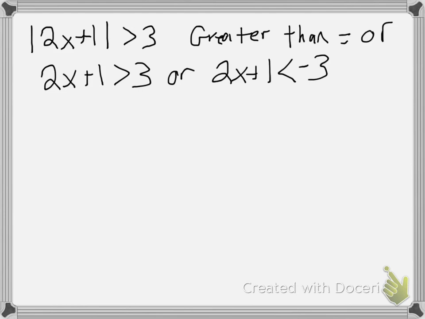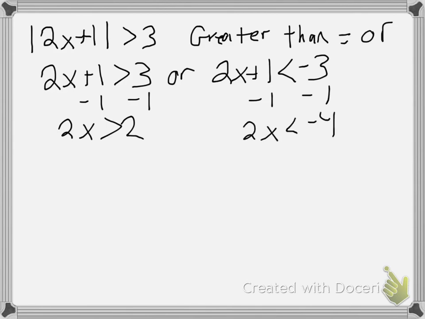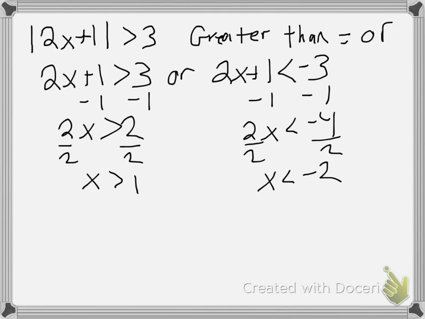Okay, so subtract 1, you get 2x is greater than 2. Subtract 1, 2x is less than negative 4. Divide by 2, get x is greater than 1. Divide by 2, get x is less than negative 2. Remember, this is still or, so what do I got? I always want to put my smaller number to the left, so I've got negative 2.